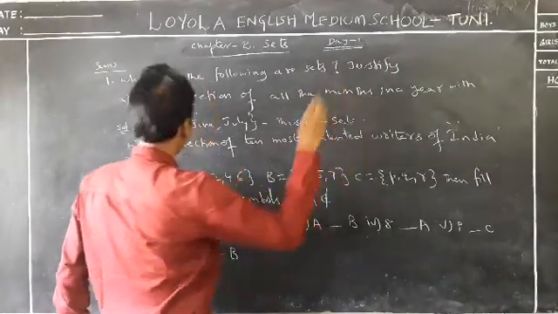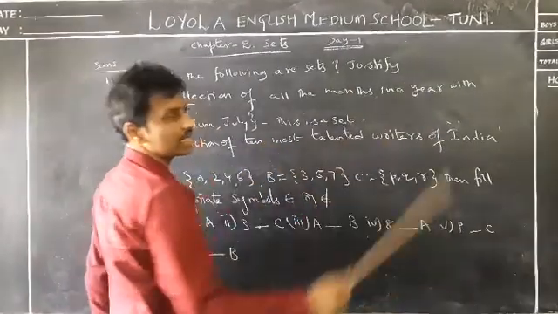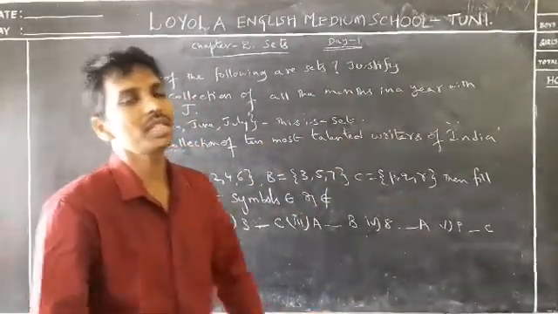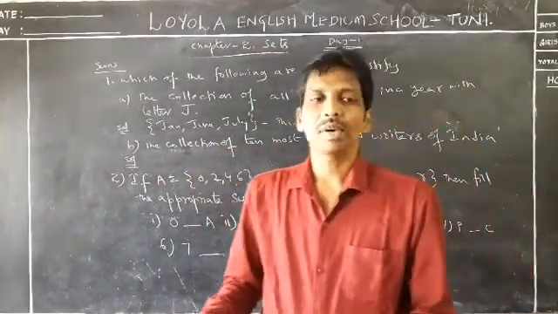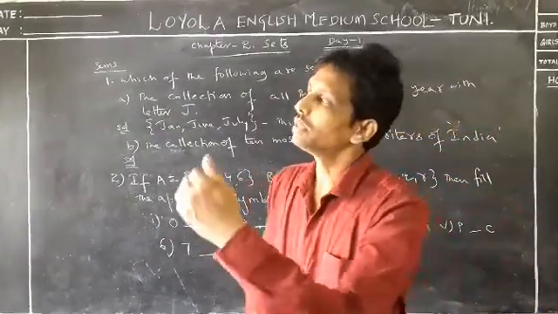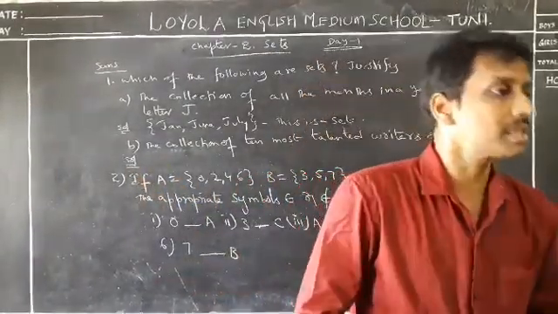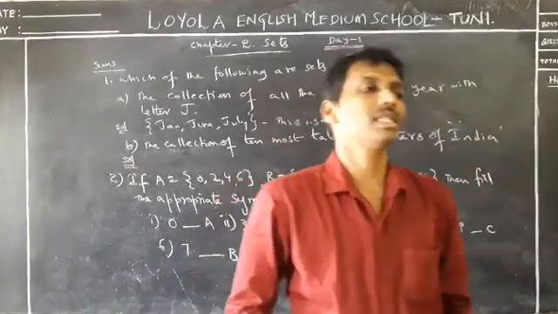This is a set. Second one: the collection of 10 most talented writers in India. How can we recognize them? We may like some persons belonging to our state or people nearby our place, and other people may like other writers.